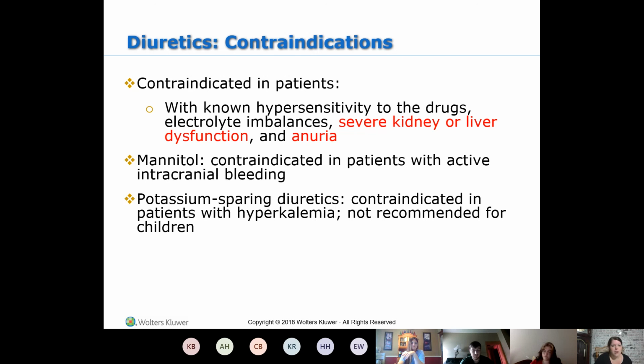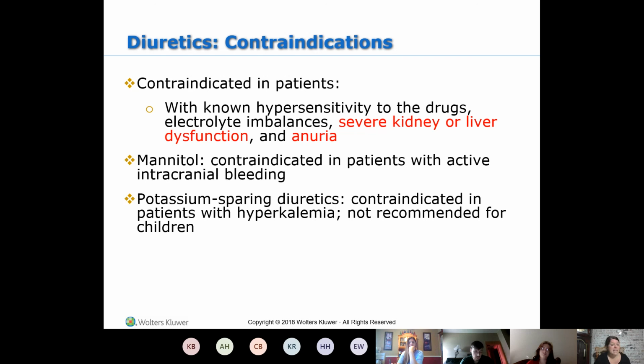They're contraindicated in patients with a hypersensitivity to the drug. They're contraindicated in patients with electrolyte imbalances, which we already talked about. We're not giving a patient with a super low potassium Lasix. Not a good idea. If a patient has severe kidney or liver dysfunction, they're not generally on diuretics.